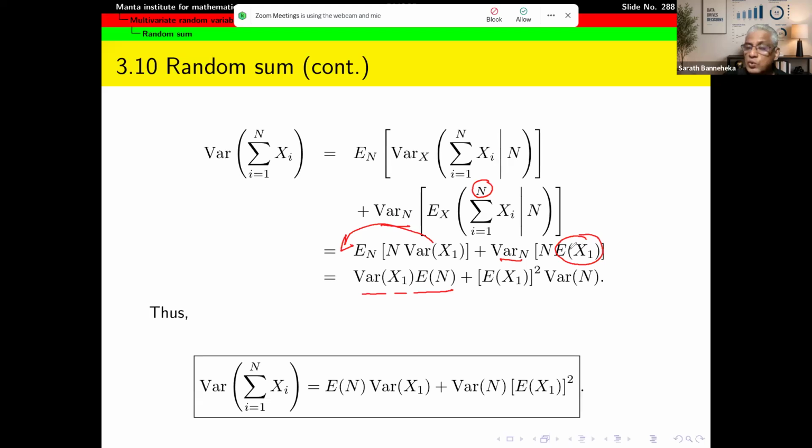In that case, that expression is equal to the square of the constant times the variance of n. So that's why you have here expected value of x1 square times the variance of n. So therefore, we get this expression for the variance of sum of a random number of random variables.